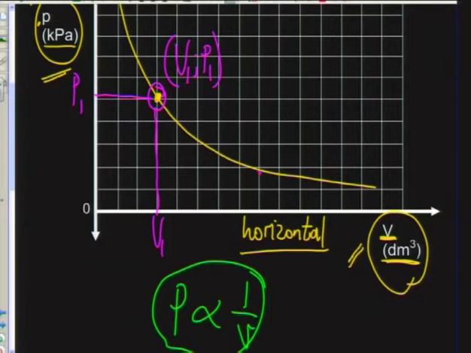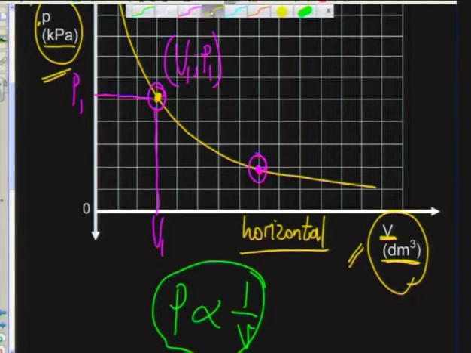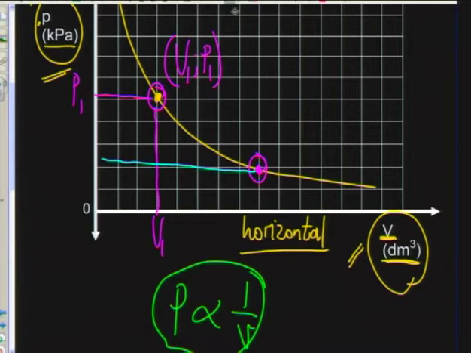Now, when I choose another point, like this one, I will again have a P value at point 2 and a V value at point 2. So this will be V2, P2.